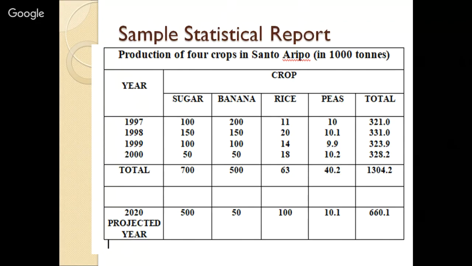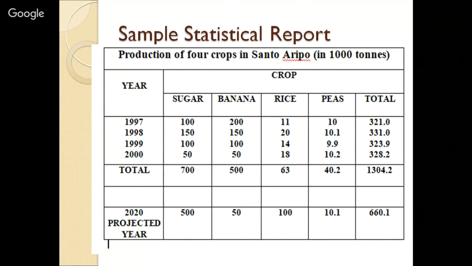So for example, either the figure remains the same, 10, 10, 10, 10, 10, or it might be 10, 11, 10. So it's in the same wave band. There are no significant increases or decreases.